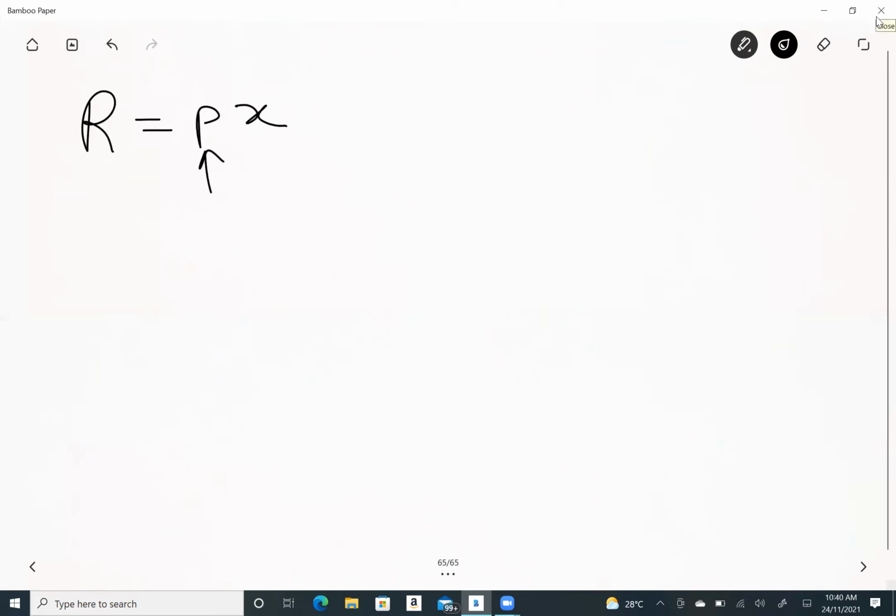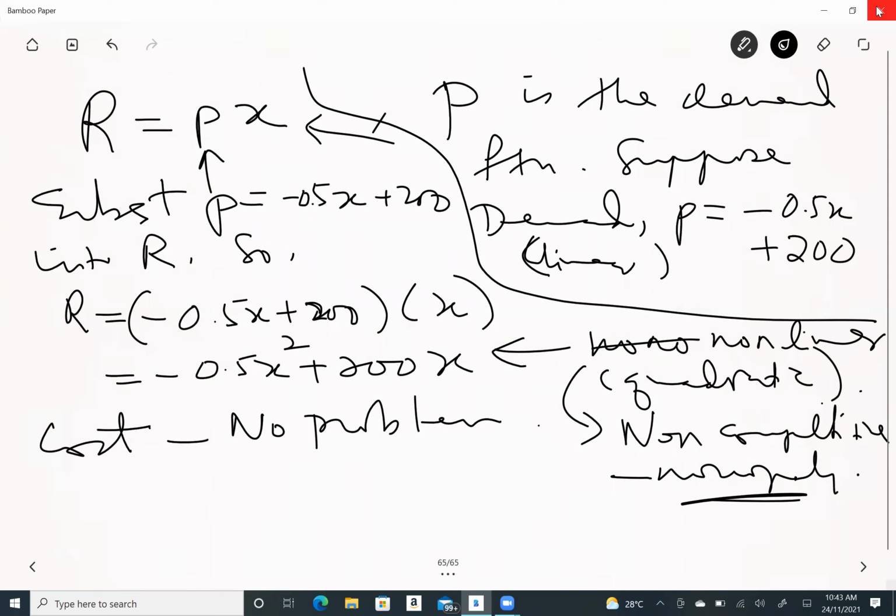Now let's look at an example of each of these. So let us just look at one example of each. Now the cost function, no problem, because whether you are a monopoly market or a competitive firm, you still incur the cost the same way.